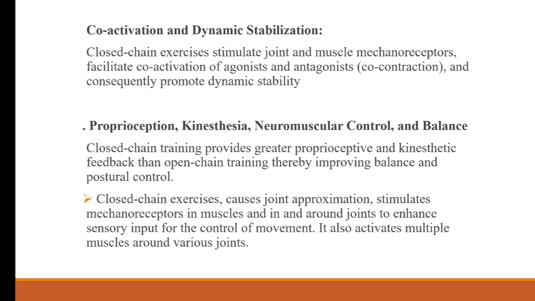Also there is improvement in proprioception, kinesthetic awareness, neuromuscular control and balance, or we can say postural control. So it stimulates the mechanoreceptors in joint and muscle, enhancing the sensory input for movement control, and also activates the multiple muscles around the various joints.